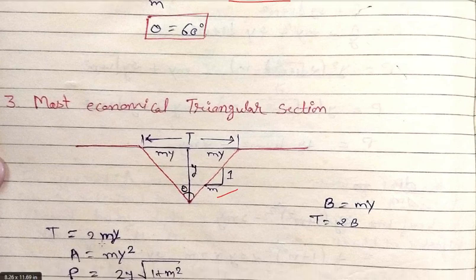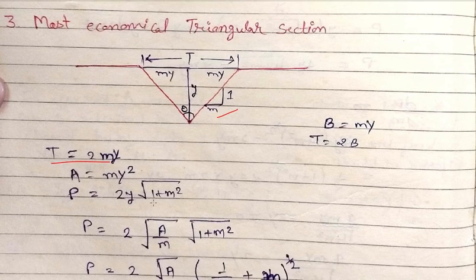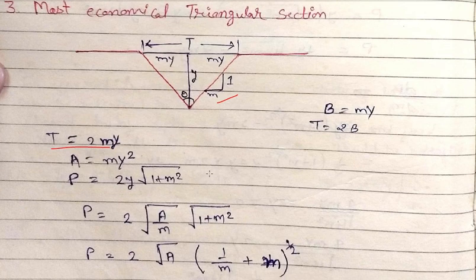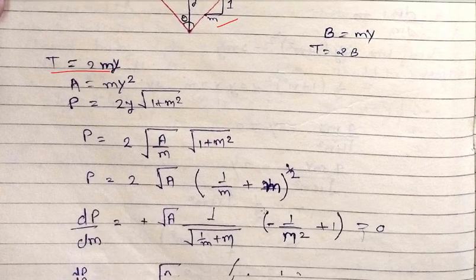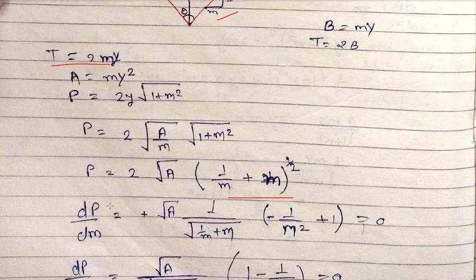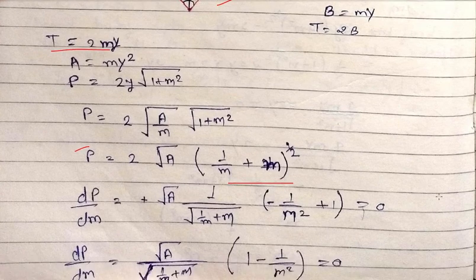So top width is 2my, area equals m y square, as two sections of triangle, half my into y plus half my into y, so it will give m y square. And wetted perimeter is two side slopes, so 2y root of 1 plus m square. Here we put the y value in terms of area, so it will give in terms of m, so we differentiate with respect to m, so dp by dm equals 0.